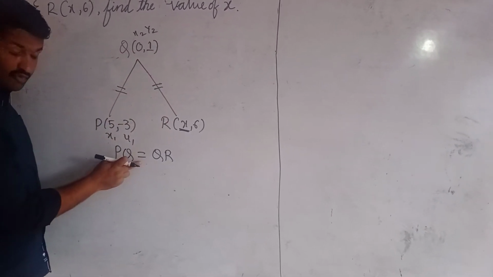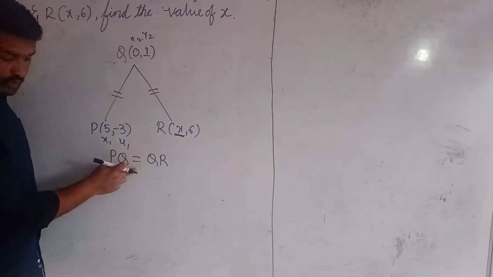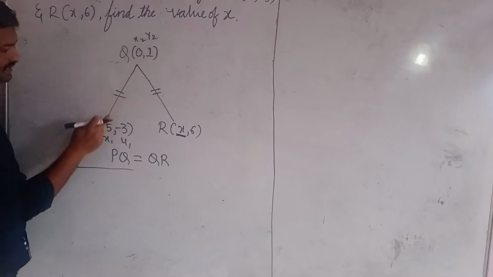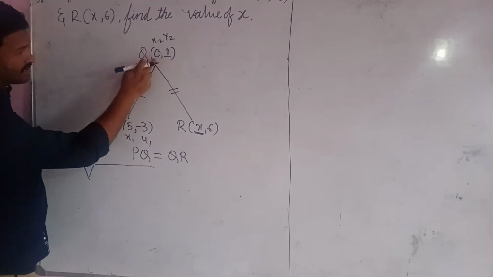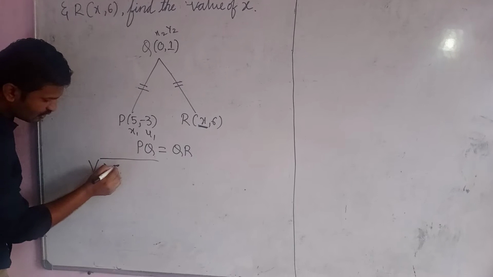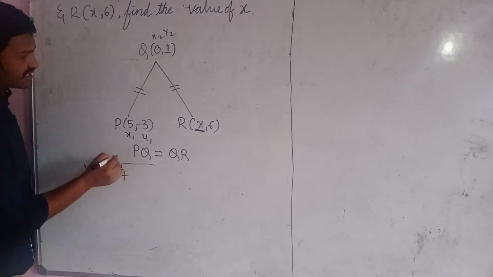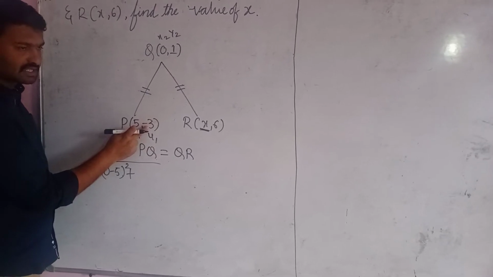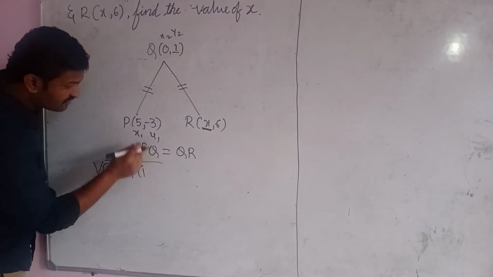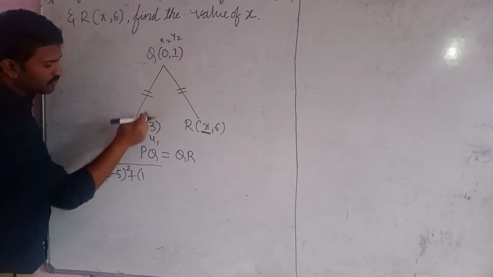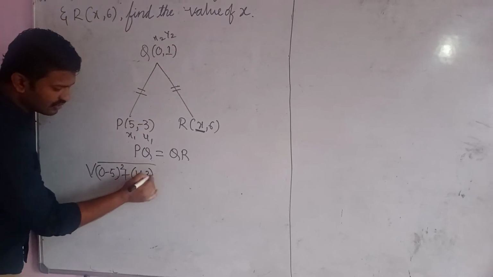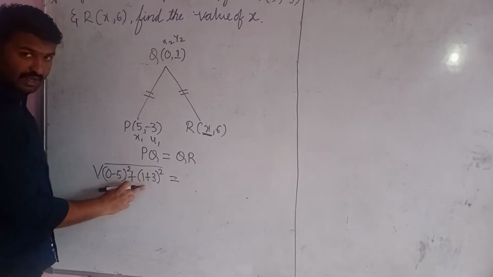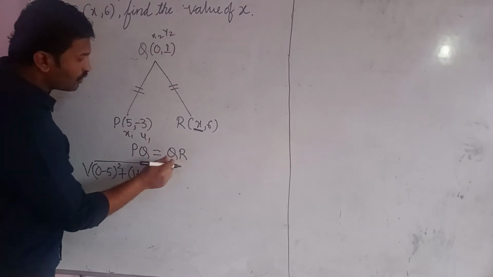I apply the distance formula for PQ first: square root of (0 minus 5) whole square plus (1 minus of minus 3), that is y2 minus y1, plus 3 whole square. This is PQ, and this equals QR.